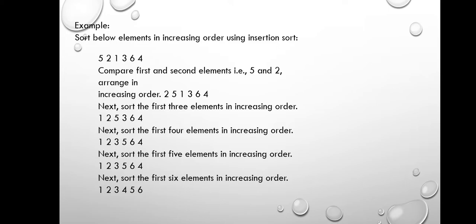Next sort the first three elements in increasing order: 1 2 5 3 6 4. Next sort the first four elements: 1 2 3 5 6 4. Next sort the first five elements: 1 2 3 5 6 4. Next sort the first six elements in increasing order: 1 2 3 4 5 6.